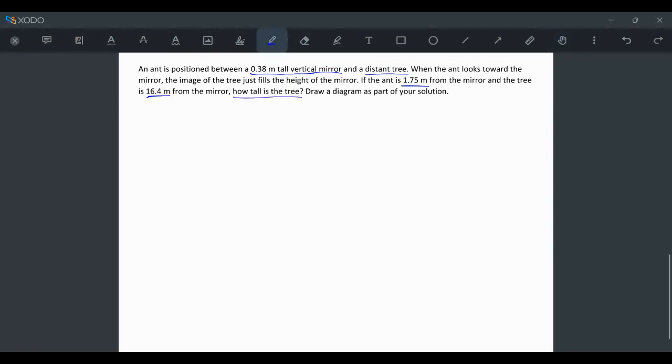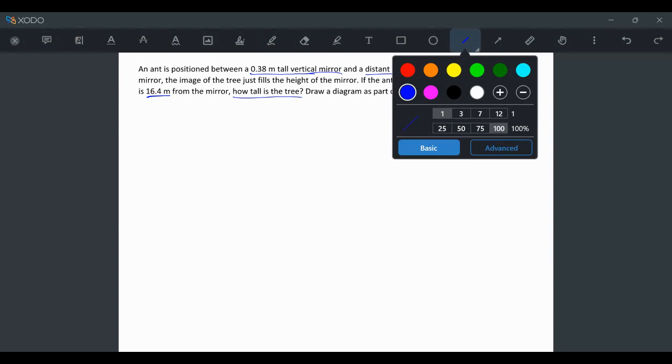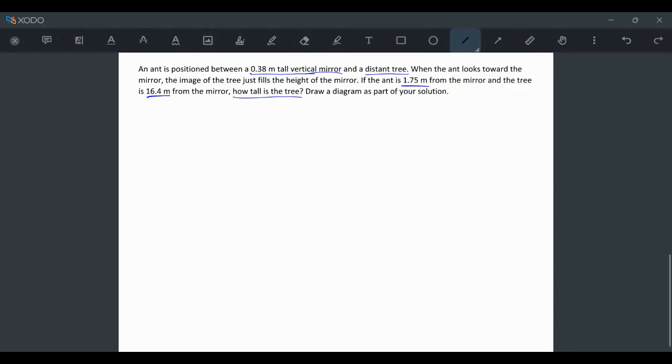The question wants to know how tall is the tree, and even if it wasn't asked for here, we would definitely be making a diagram. This is kind of confusing, but will become very clear when we draw it out. These are geometries that are probably best suited by straight lines. So I think we'll draw a horizontal line for the ground, fairly horizontal.